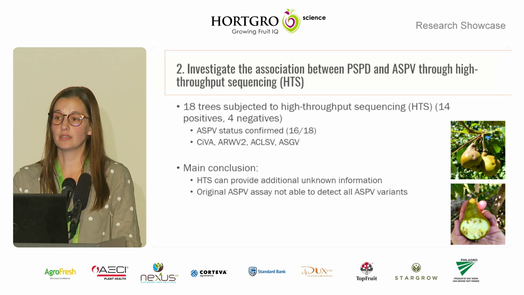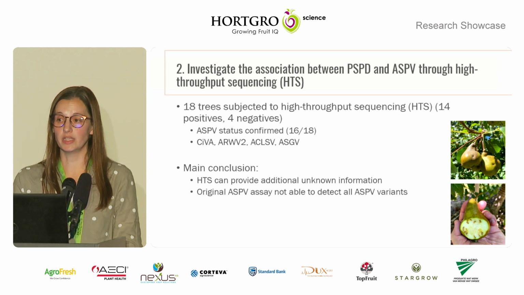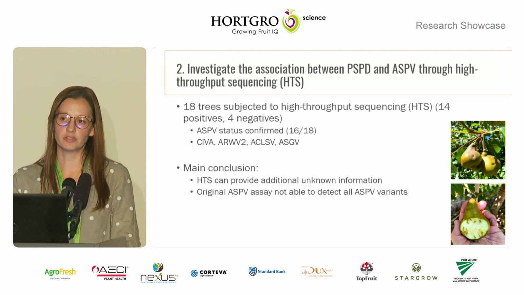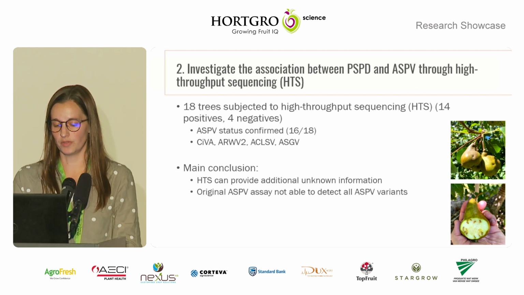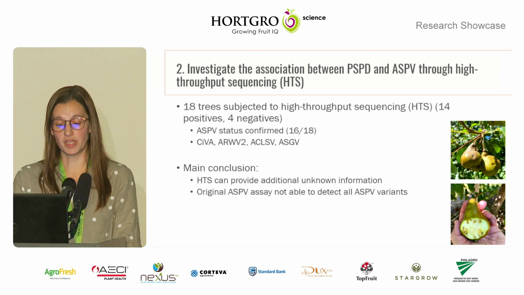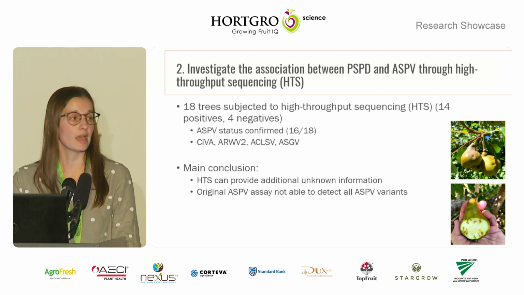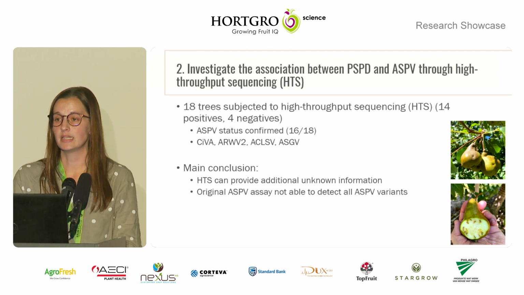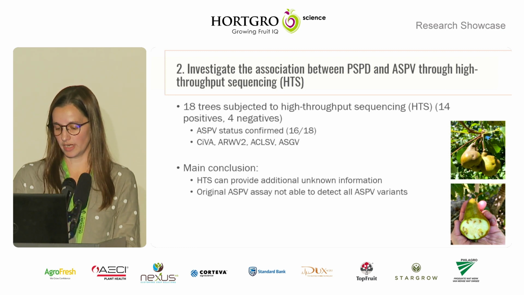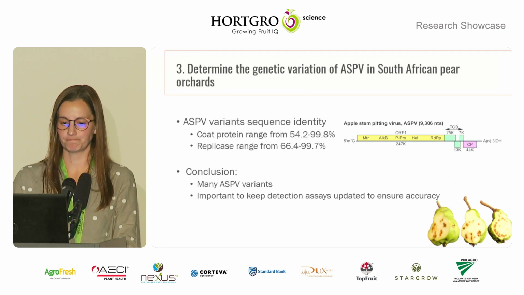And we also identified additional viruses, including citrus virus A, apple rubbery wood virus 2, apple chlorotic leaf spot virus, and apple stem grooving virus. The conclusions from this objective were that high-throughput sequencing can provide valuable information that was unknown, and the original ASPV assay was not able to detect all variants of apple stem pitting virus.